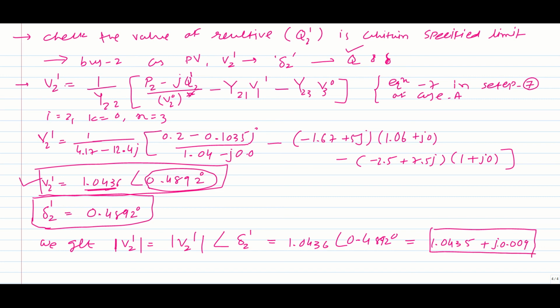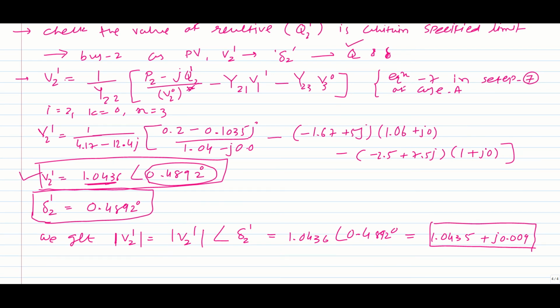Clear? Now our next step is we need to calculate the voltage at bus number 3. After completion of calculation at bus number 2, now we move towards bus number 3.